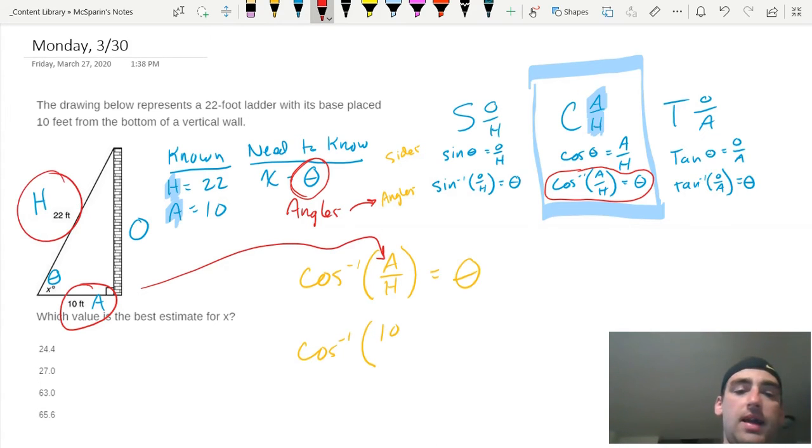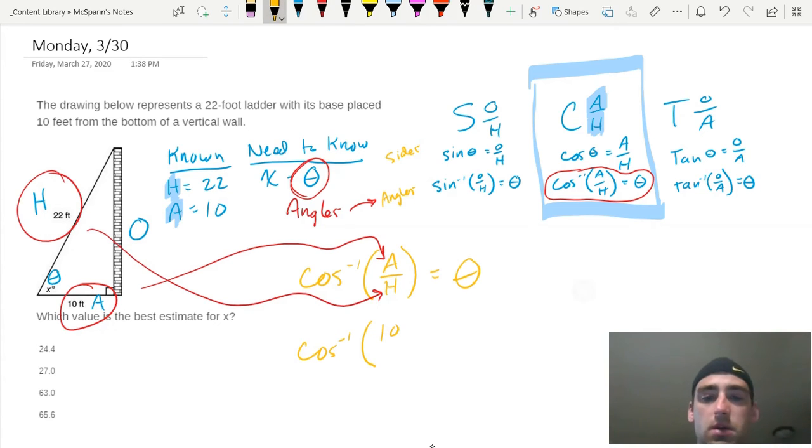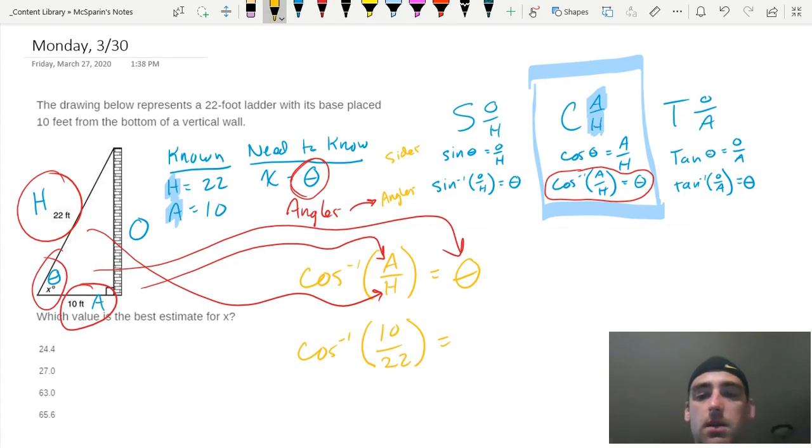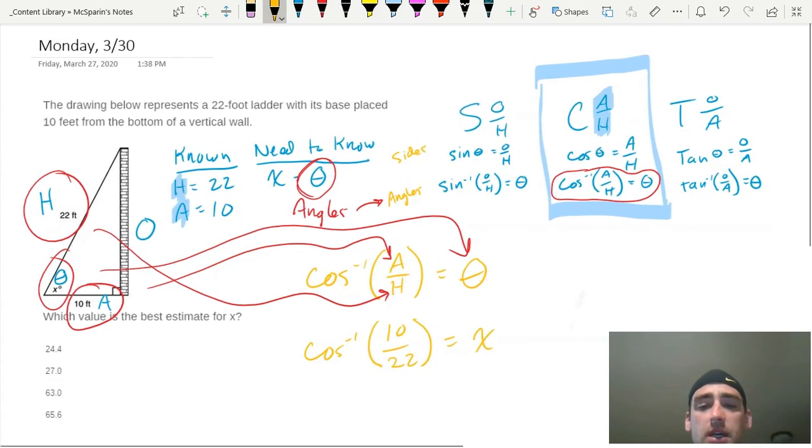I know that my hypotenuse is 22, so that can just go there. So I've got 10 over 22, and then I know that theta is X, so I'm going to put that there.